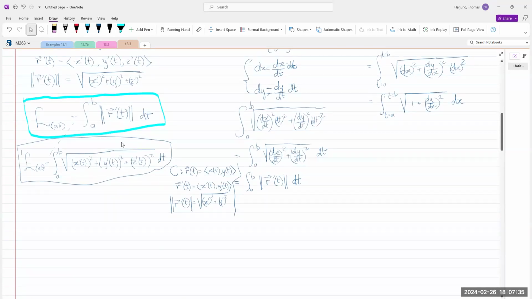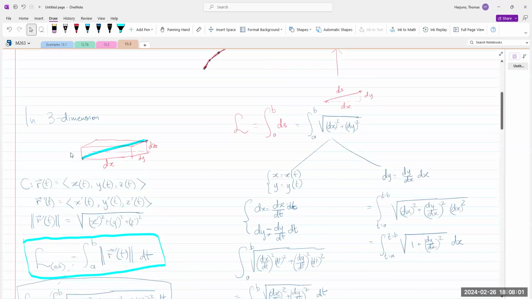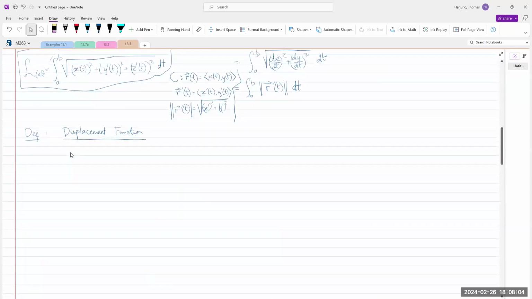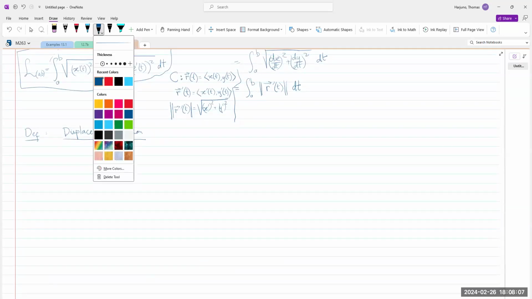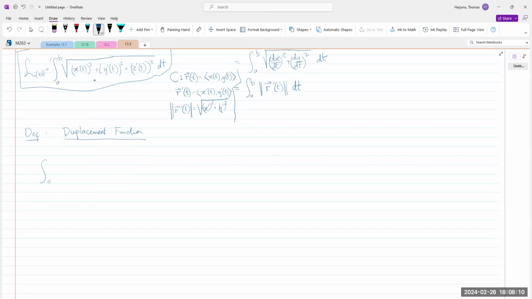Now let's go on further. Something called the displacement function, or maybe distance function to be more precise. The formula we had earlier is the integral from a to b of the magnitude of r prime t dt.